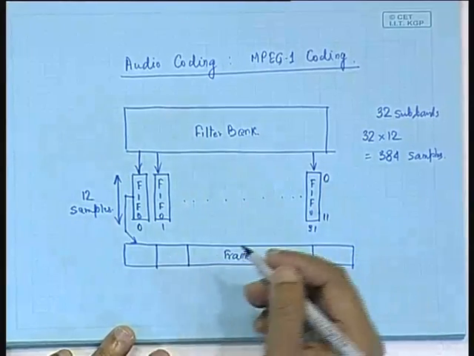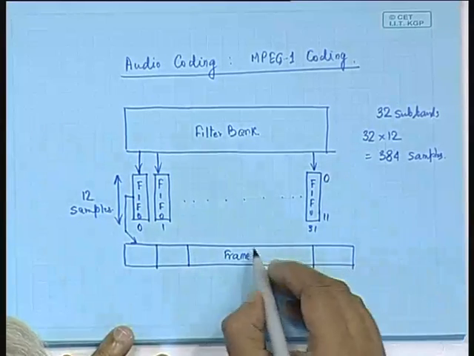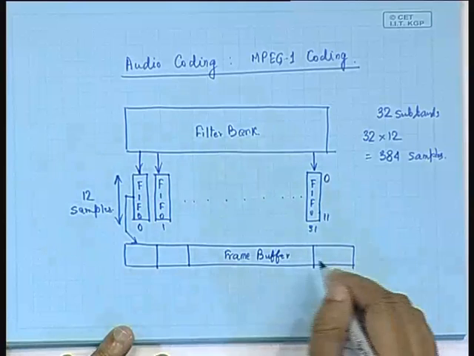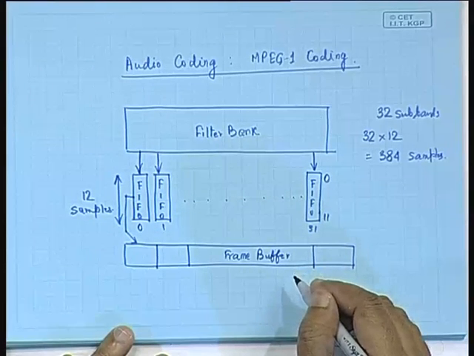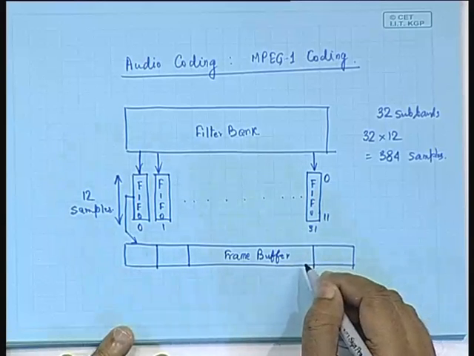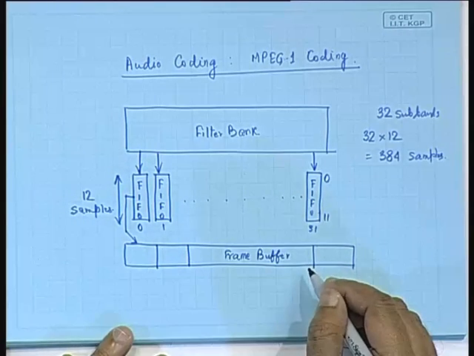So, this frame buffer contains 12 samples for each of the subbands.